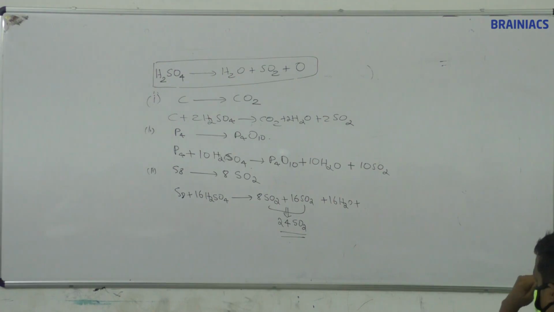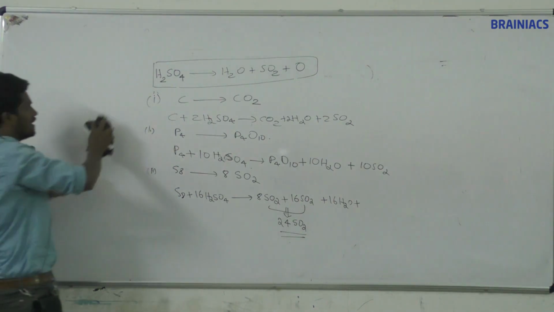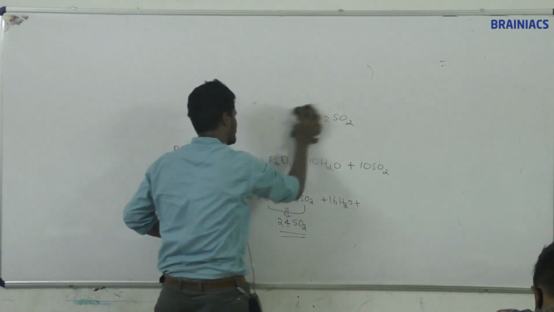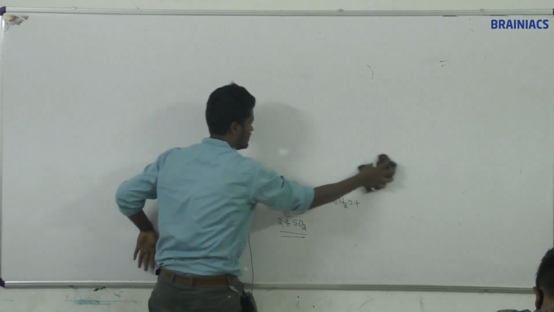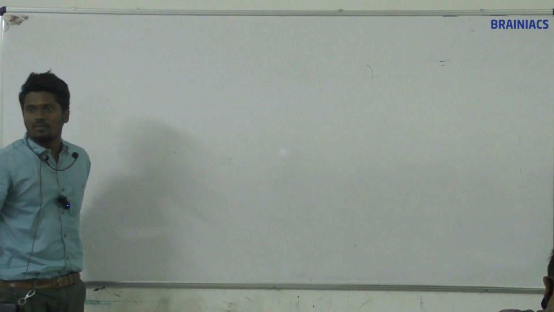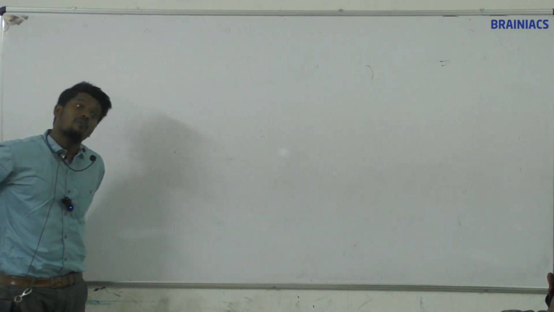Next, H2SO4 is less volatile. What do you mean by volatile? Vaporizable.